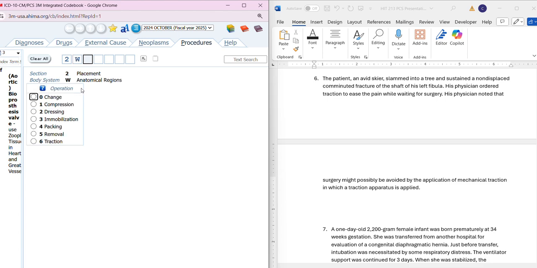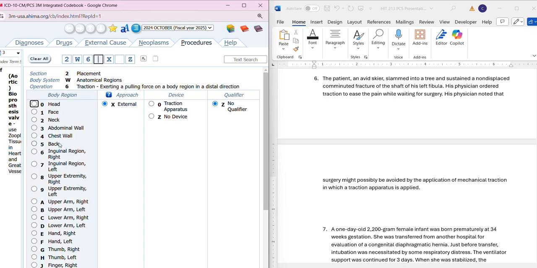So we're going to choose W. All right. For our root operation, it's going to be number 6, which is going to be traction.